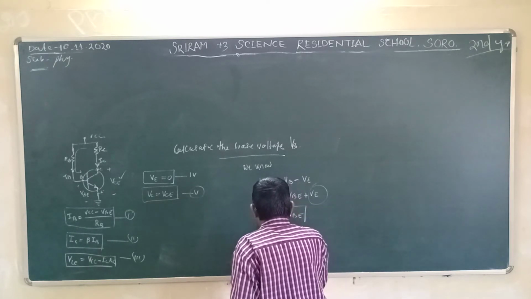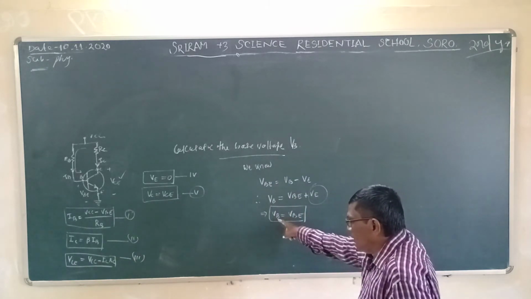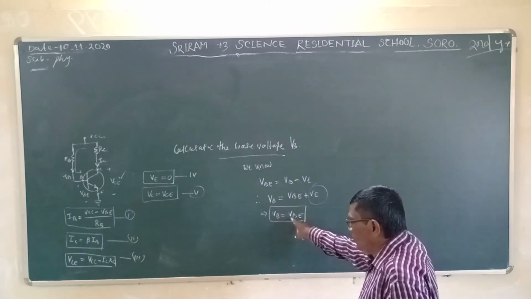In a fixed bias circuit, base voltage is equal to VBE.